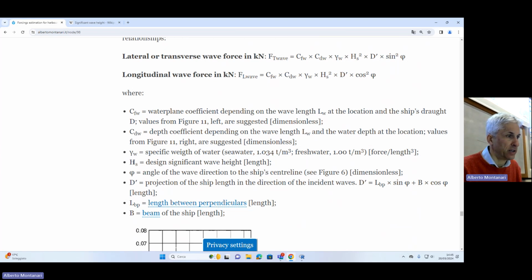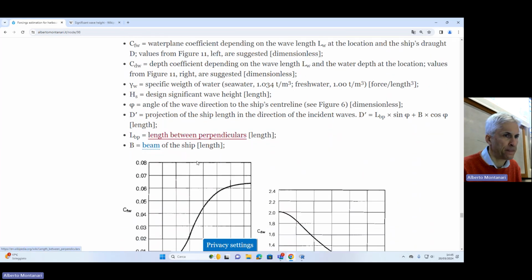Okay, and then HS is our significant wave height, and this is phi, the angle of the wave direction to the ship center line. It's this one, and here you have d prime, projection of the ship length in the direction of the incident waves.